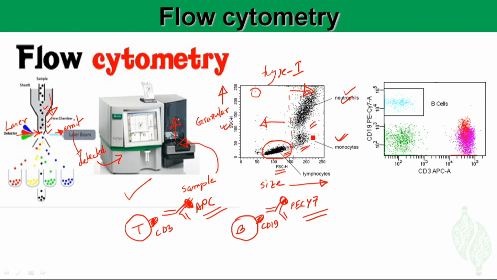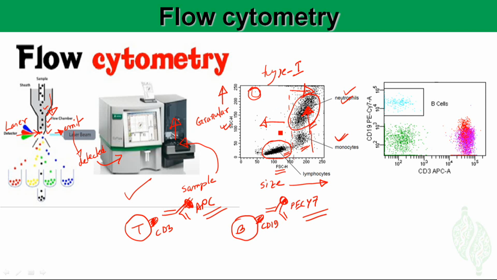And also the neutrophil, which is more granular than the lymphocyte, is positioned on the upper side of the y-axis. In this way, the flow cytometry machine can tell you which cell type is in which position, and you can literally count these cells, because here every dot is one cell.